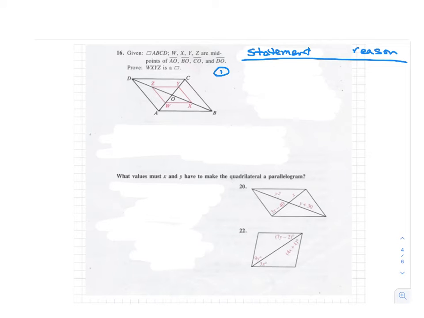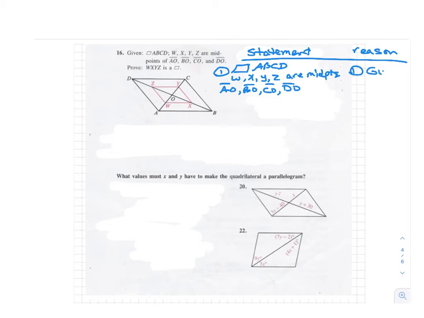So I'm going to state that ABCD is a parallelogram. I also can see that W, X, Y, Z are going to be midpoints of AO, BO, CO, and DO.